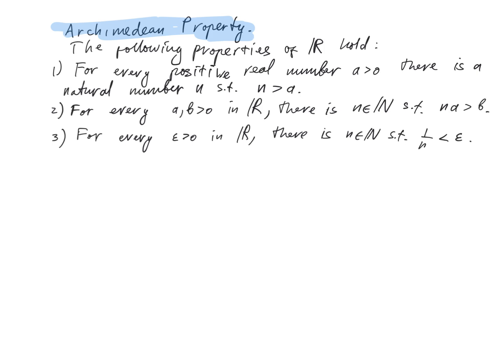Of course, each of these properties might seem obvious from the common experience with real and natural numbers. However, it's a fundamental property, and to rigorously establish it, we have to use the completeness axiom.